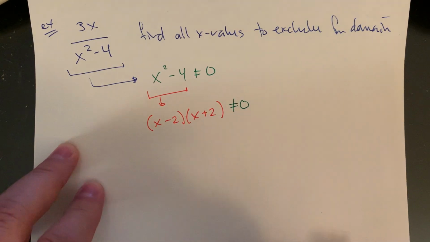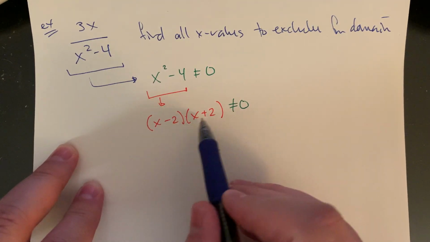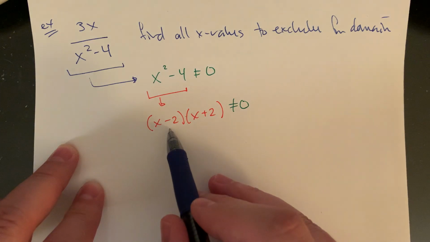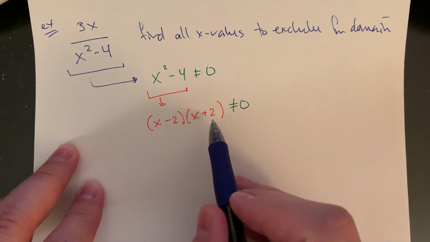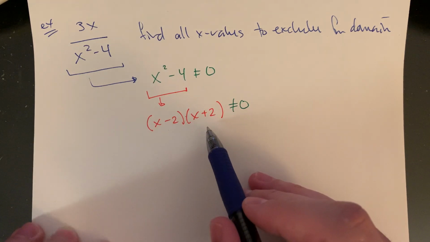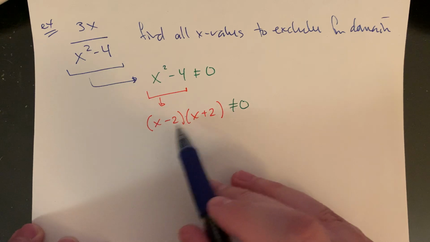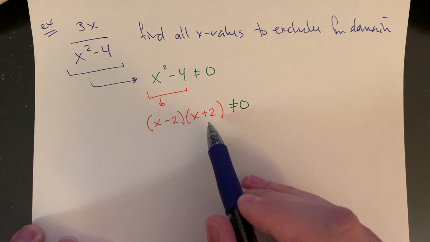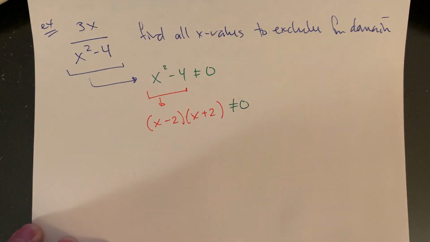So this factor times this other factor is not going to be equal to 0 unless one of them by themselves is 0. If they're both positive, if they're both negative, if one of them is positive and one of them is negative, you're just going to get either a positive or a negative number. You're not going to be able to multiply 2 non-zeros and get a 0 out of it.